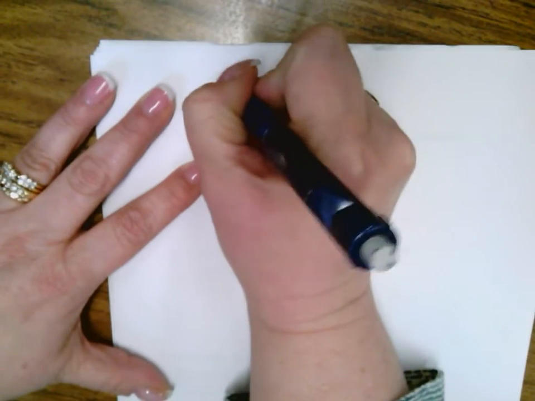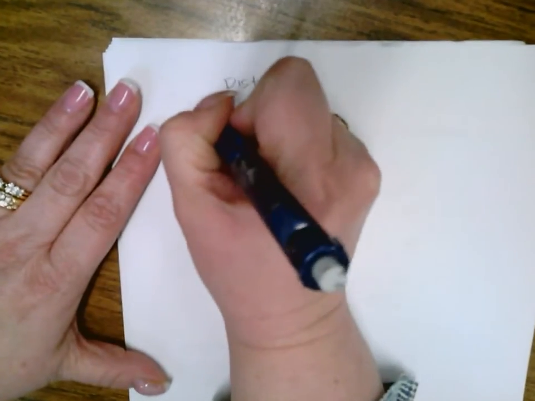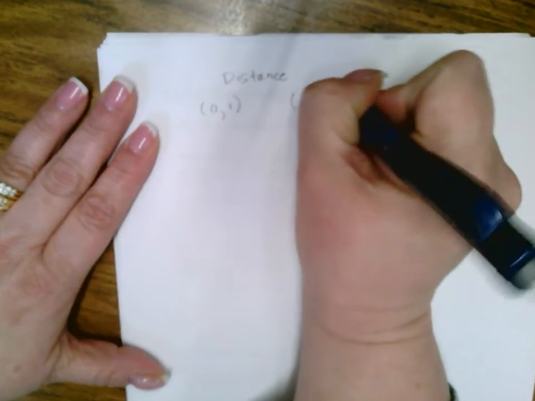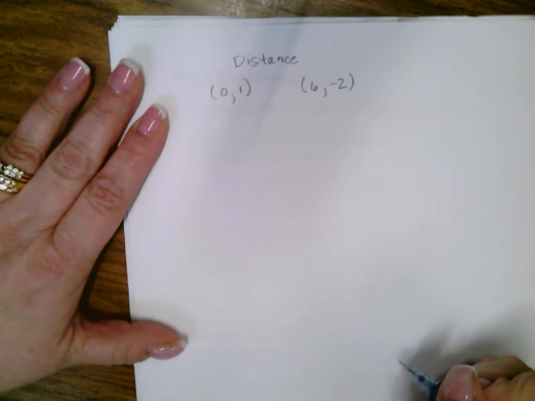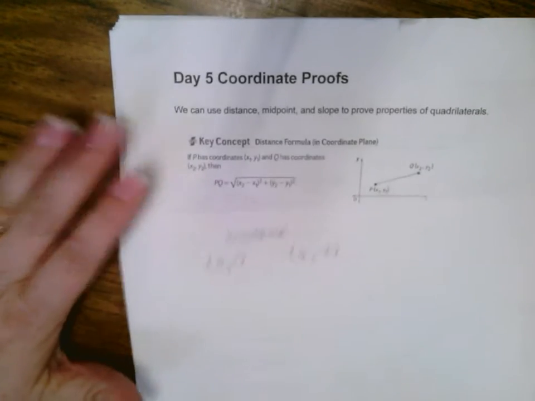If I want to find the distance between 2 points, I can use the distance formula. And I'm going to do the points (0, 1) and (6, -2). It doesn't matter which one you make your x1 and your x2.